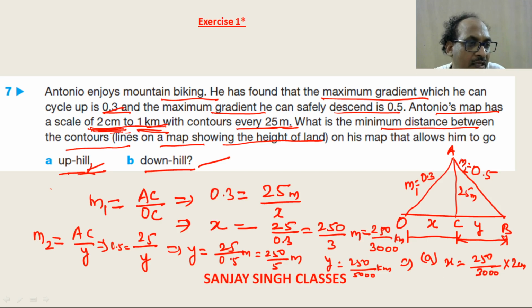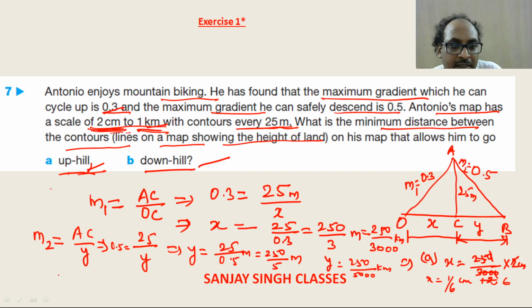So if we are going for cancellation, 0 has got cancelled, and 25, and then 50, so it will become 12, and with this 2 if we are cancelling, it is 6. So it means x is equal to 1 by 6 centimeter in the map.